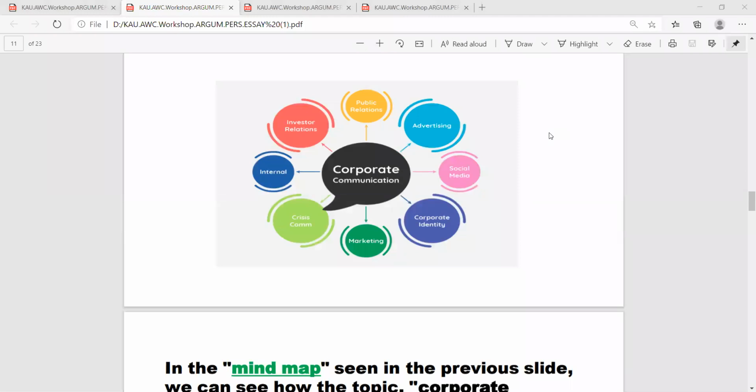So corporate communication will be another essay as compared to wearing uniforms in elementary schools. And the approach there will be our company needs to focus on corporate communication because it will lead to a more cohesive and unified company. And our members will focus on working together towards the same goal.